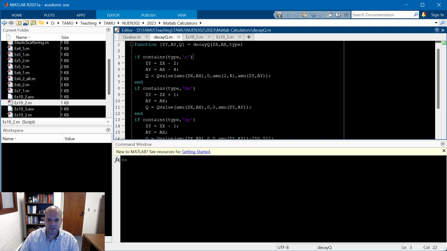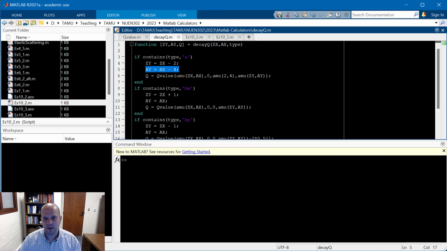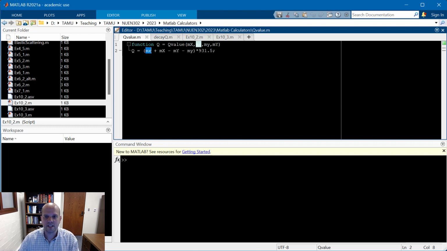And so if I have type A, if it is an alpha type decay, then I know that my protons is going to be 2 less than it was in the parent, so my daughter protons is just 2 minus whatever it was for the parent, and then my total number of nucleons decreases by 4, and so I can just use that Q value function that I already created, and in the first input I will use my AMU function to get the mass, because the inputs to this need to be units of mass, not number of nucleons or protons.